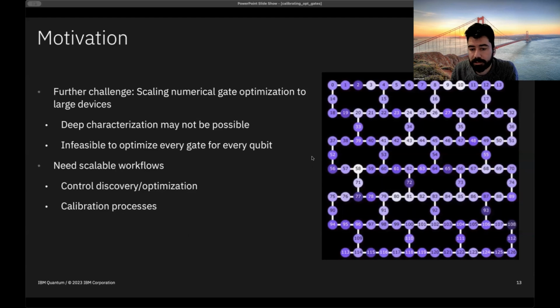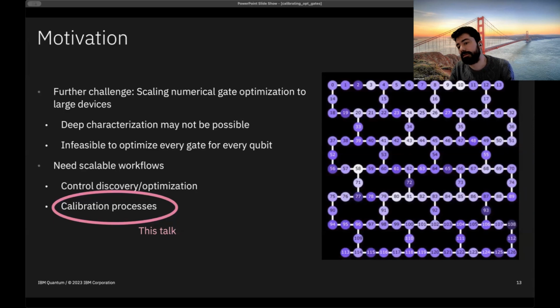Once we think we have a shape we want to use on one of the qubits, we need to be able to efficiently calibrate it and deal with this high dimensional shape issue. This talk is focused on this part of it. So we're going to start from the assumption that we've run an optimization, say even just looking at one qubit. How do I nicely calibrate a pulse on that qubit?